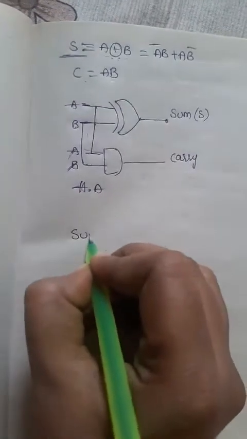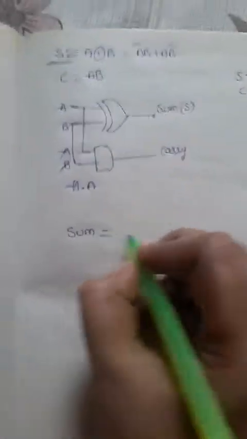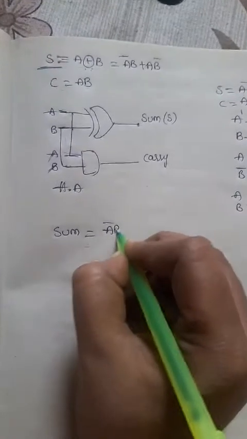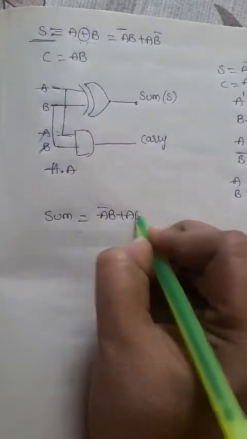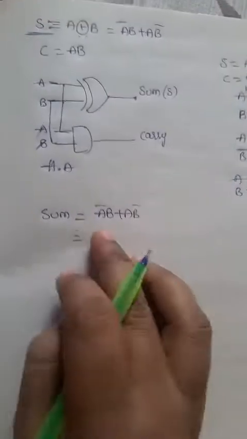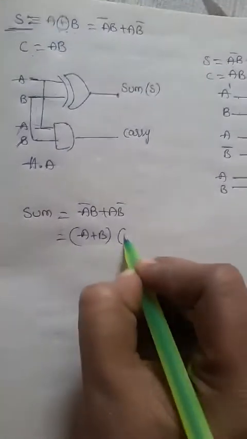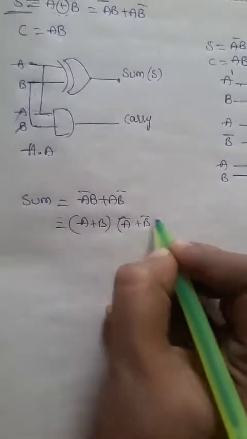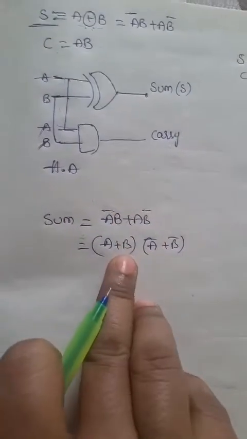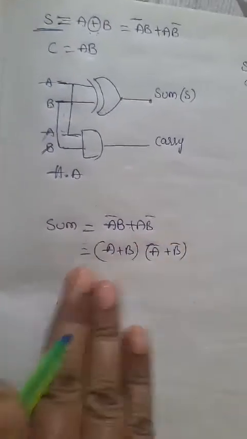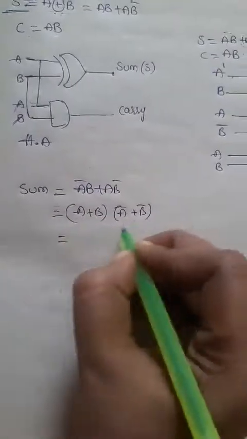Or otherwise you can simplify this function like this. For sum, you can rewrite the equation. The function is A bar B plus A B bar, right? This equation becomes (A plus B) into (A complement plus B complement). So you can rewrite this equation like this also. Whether it is right or wrong, you can check it.